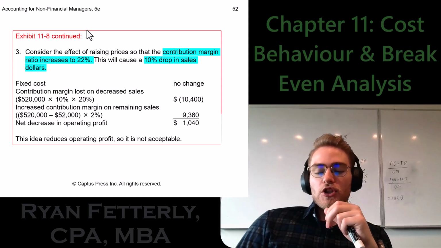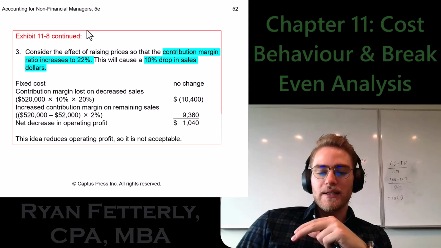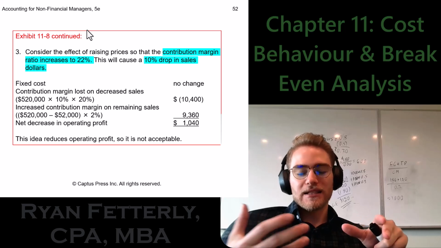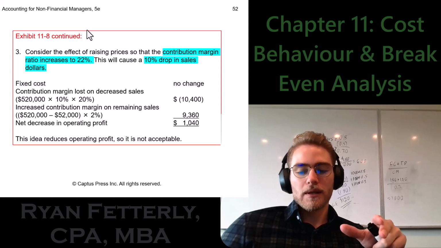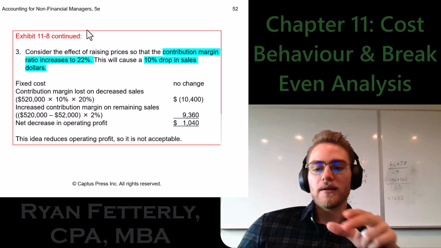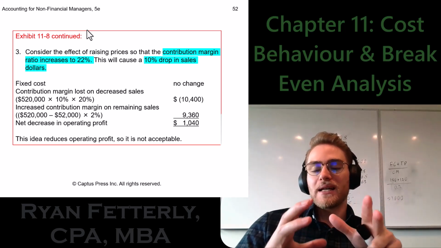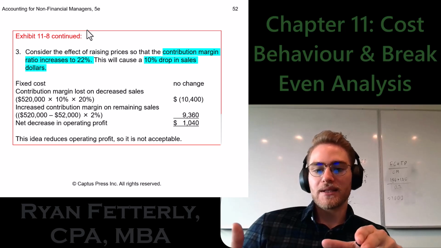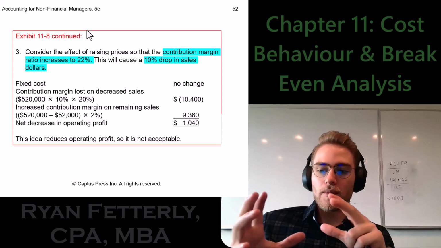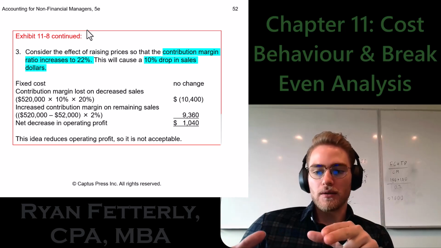So our contribution margin lost on the decreased sales is basically going to be 10% of our existing 520,000. That's how much our sales are going to drop, and then we multiply that by our existing contribution margin. So in total, we're going to lose 10% of the 520, which equates to about $10,400 lost.